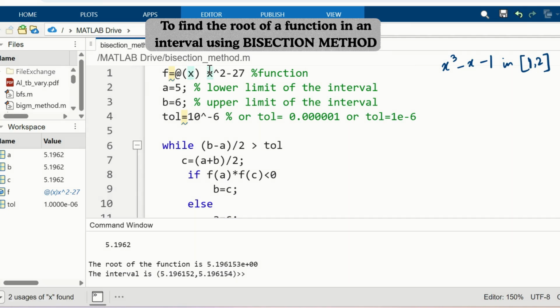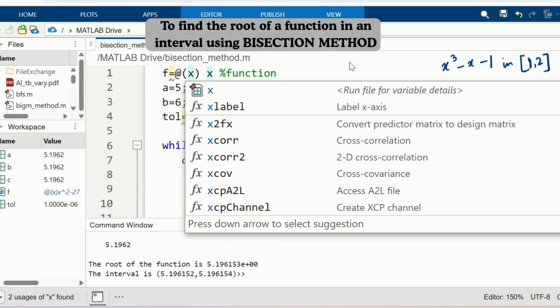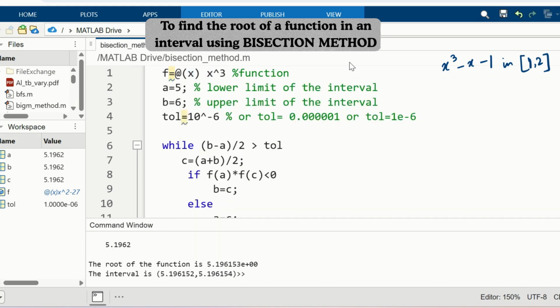So here the function will now become x cube minus x minus 1, and our a value has changed to 1 and our b value has changed to 2. Now let us run this, and yeah, now you will see that the root is 1.324718 and the interval in which it lies is this interval.